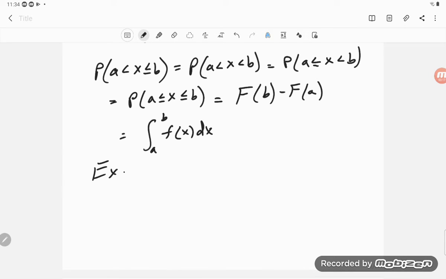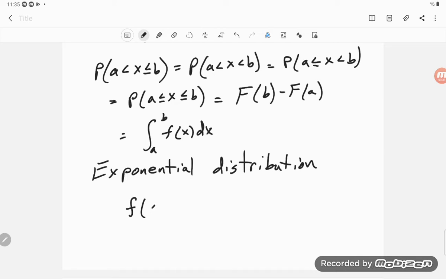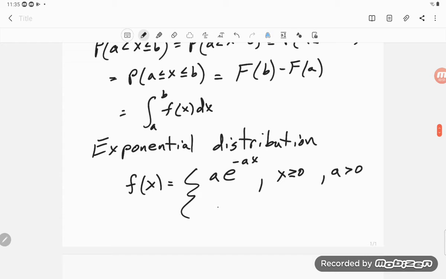An example of this is the exponential distribution. And actually, this is a whole family of distributions, the way this is being written. Here we define f of x to be a e to the minus ax for x greater than or equal to 0 and a greater than 0. So this parameter a needs to be greater than 0, and 0 everywhere else.